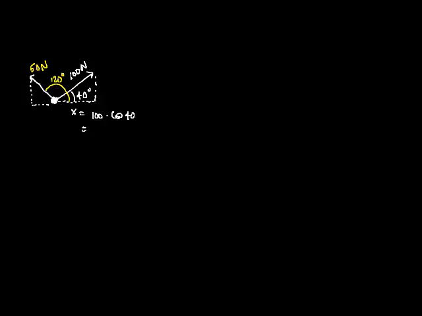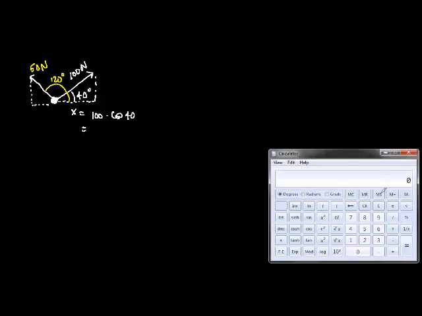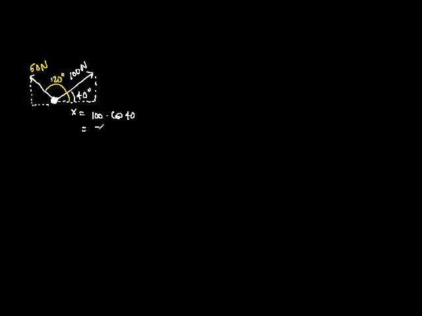Now let's pull out the calculator. The calculator will tell me that 100 times the cosine of 40 is 76.6. So this is 76.6.